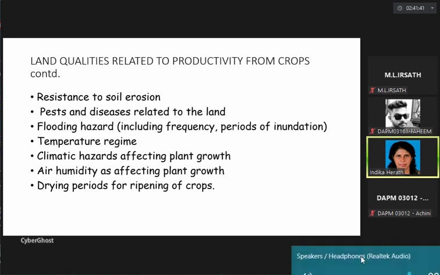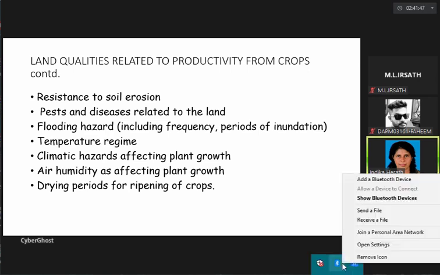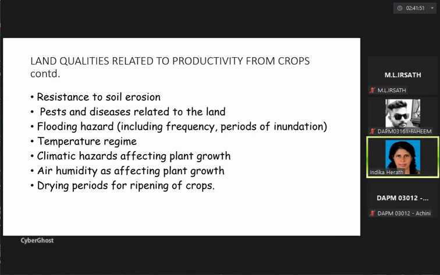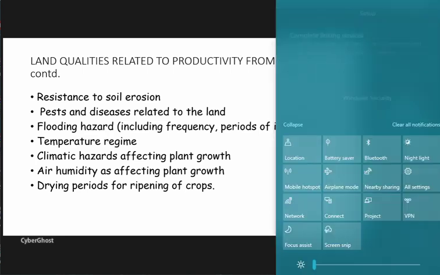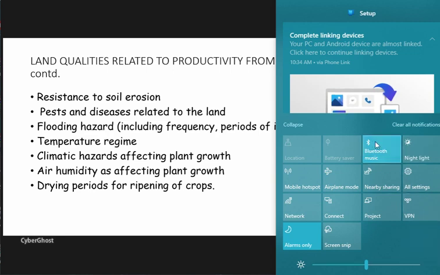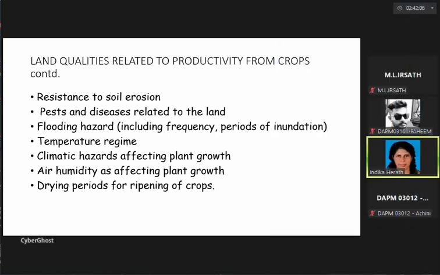The other one is the temperature regime. What is the level of temperature in the area that this land belongs to, and carefully look at how the temperature pattern has been changing over the past years, and if there is an issue globally.